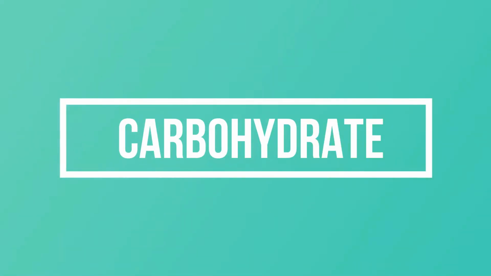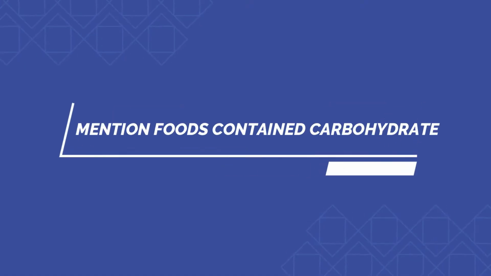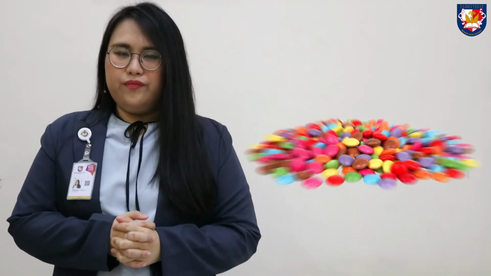Now we're going to discuss the first macromolecule, which is the carbohydrate. Before we learn more about carbohydrates, can we mention foods that contain carbohydrates? Good job. The foods that contain carbohydrates are rice, potato, corn, sugar, candy, and many more.